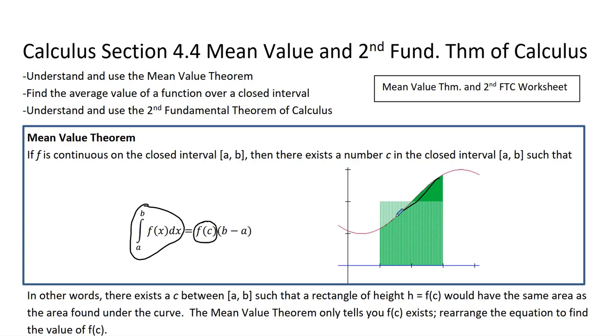So basically this little piece that's not filled in is equal to this little piece that we're taking the area of, f of c times b minus a. That is what the mean value theorem states. There's some value such that the area of the f of c rectangle is equal to the full area underneath the curve from a to b.